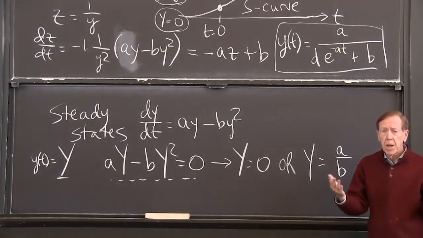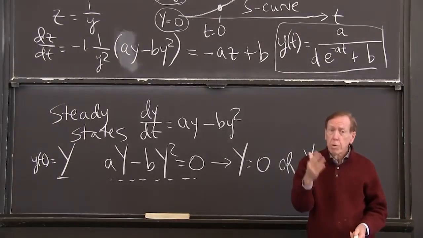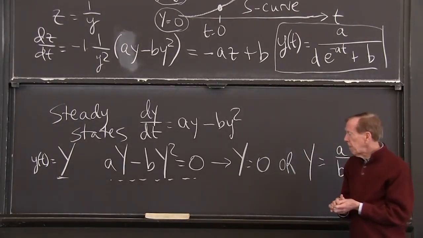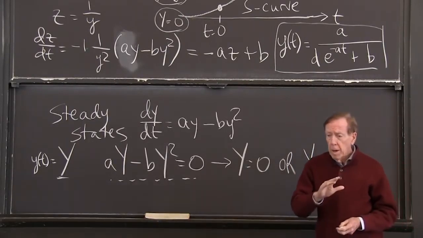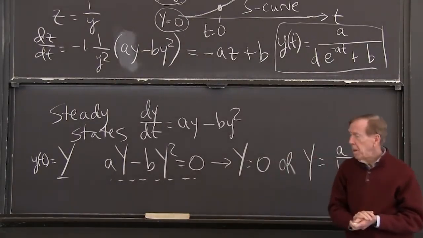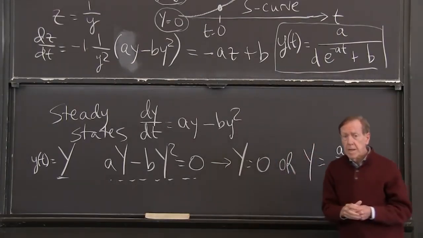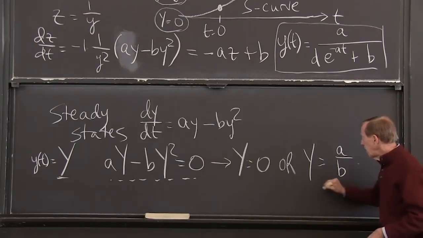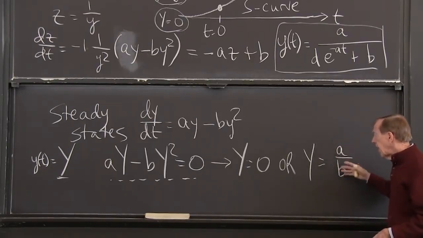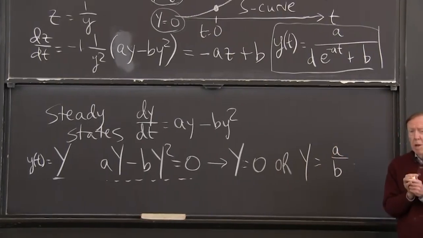No population, nothing can happen. But if I move a little away, if I get two people, we grow. We grow exponentially for a while, but then the b y squared term gets in there and slows us down, and we reach this a over b. If we had started at a over b, we would have stayed at a over b.